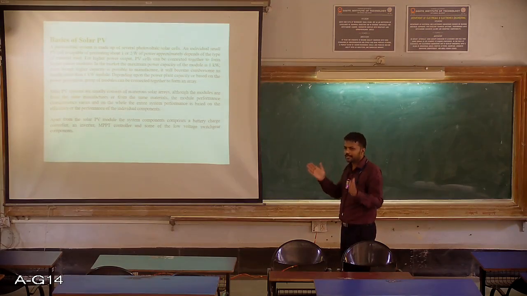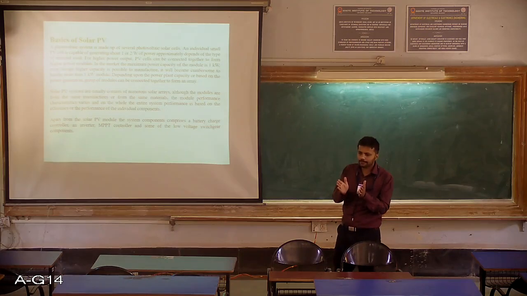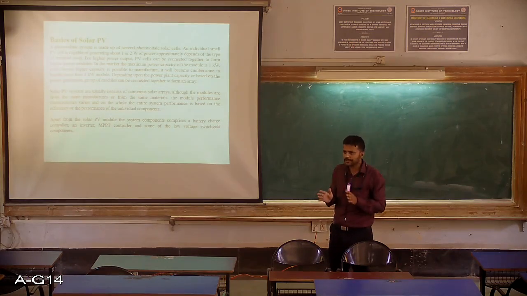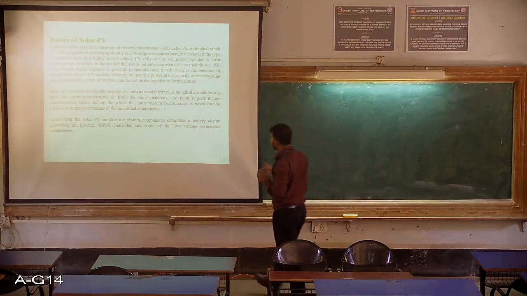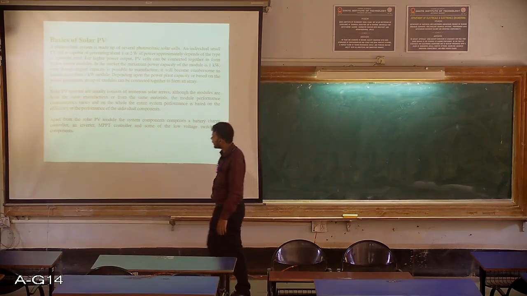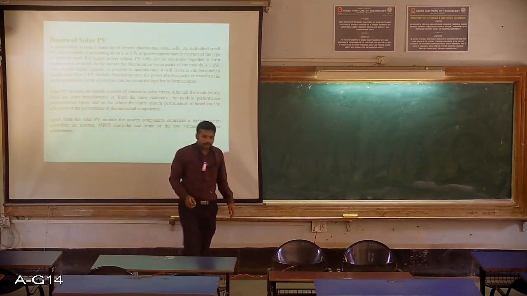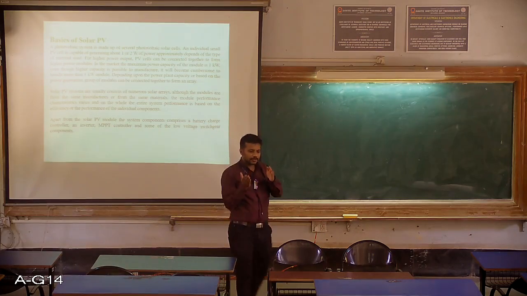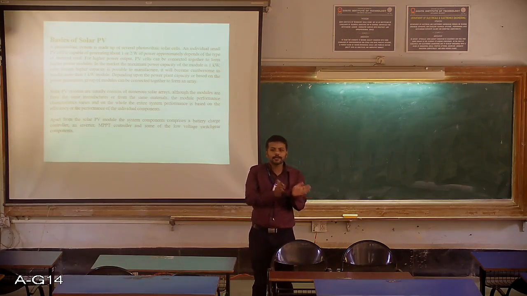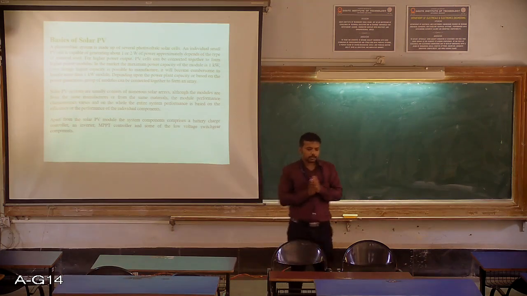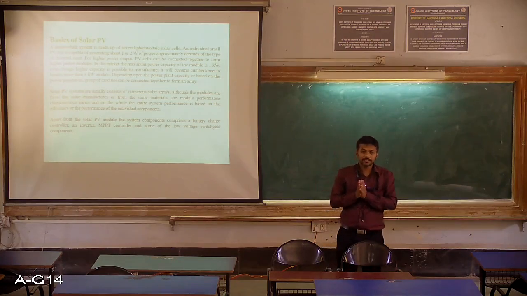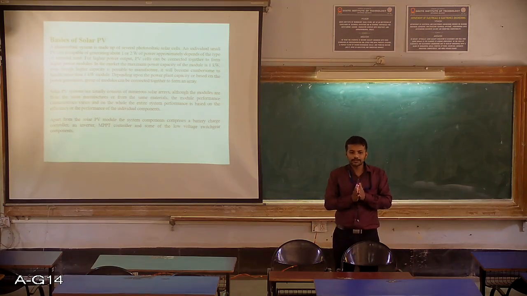So if we want to find out the performance or efficiency of the solar system, we should consider not only the PV modules but also the battery charge controller. An inverter will be present, which we use to convert the DC power into AC power, because the power generated by solar is DC, so that we can charge the battery from that.